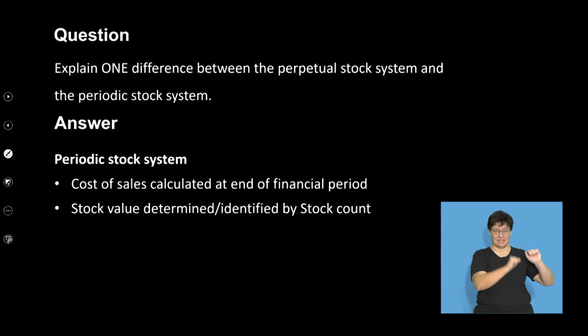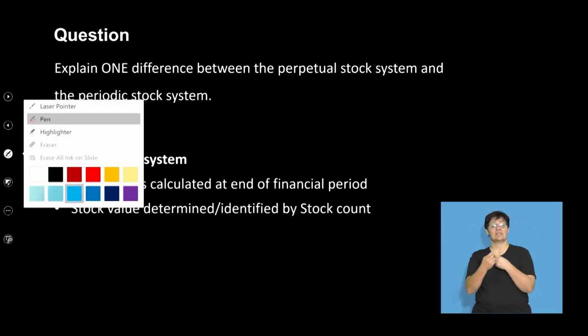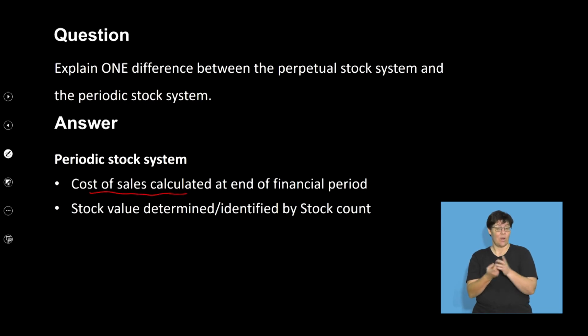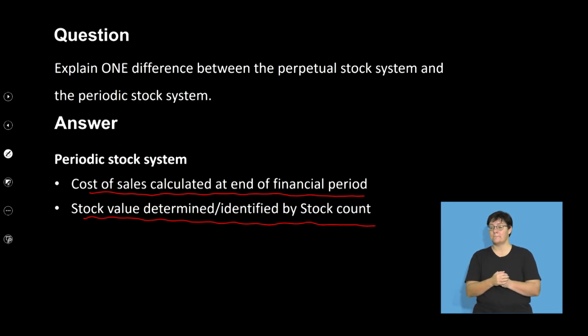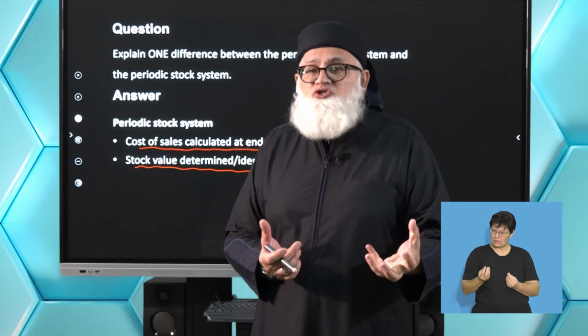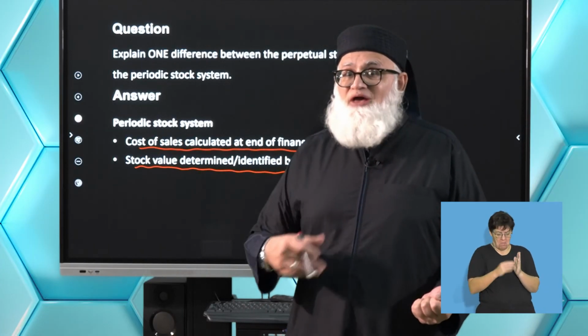If we look at the periodic inventory system, what do we find? We find that you only calculate your cost of sales at the end of the financial year, right? Stock can be determined. Now, if you need to know how much stock you have on hand, your records are inadequate because you haven't recorded.